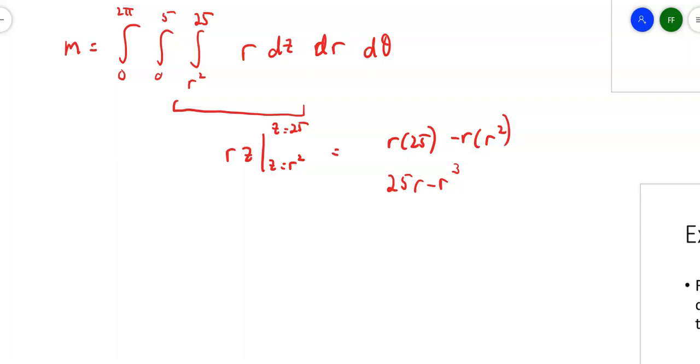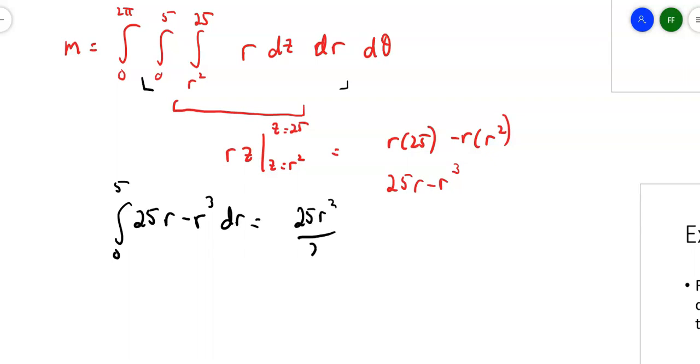All right, now my next step will be to evaluate it from 0 to 5, integrate with respect to r. So integrate from 0 to 5, 25r minus r cubed with respect to r gives me 25r squared over 2 minus r to the 4th over 4, from 0 to 5. When I throw that in, I will get 625 over 4.